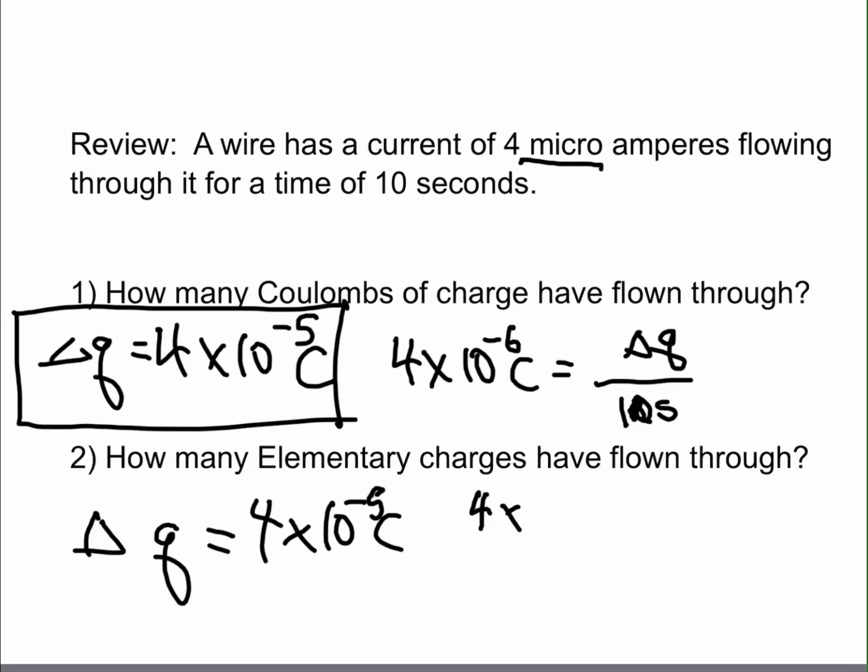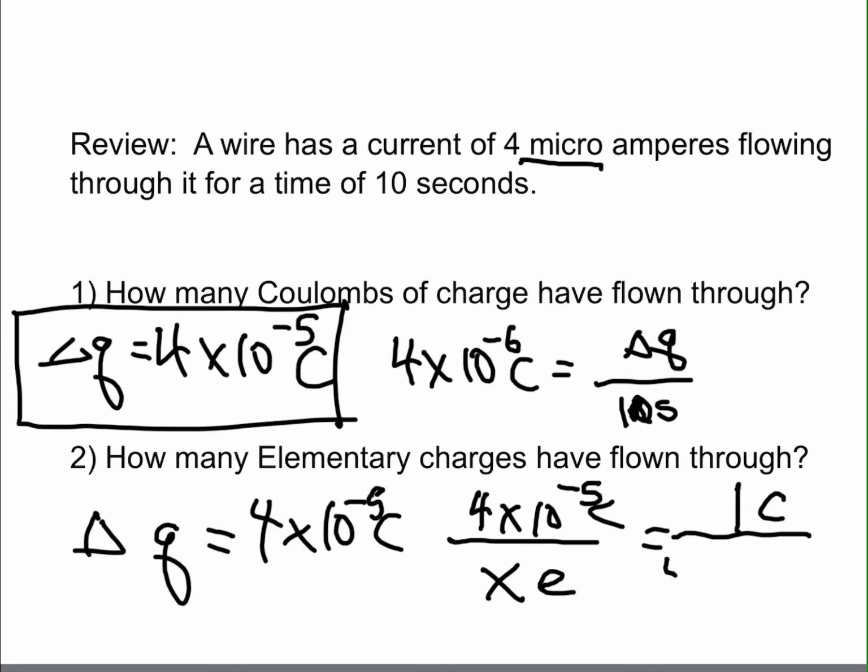We could say 4 times 10 to the negative 5 coulombs over, well, we don't know how many elementary charges, but we know that 1 coulomb of charge is equal to 6.25 times 10 to the 18th elementary charges.